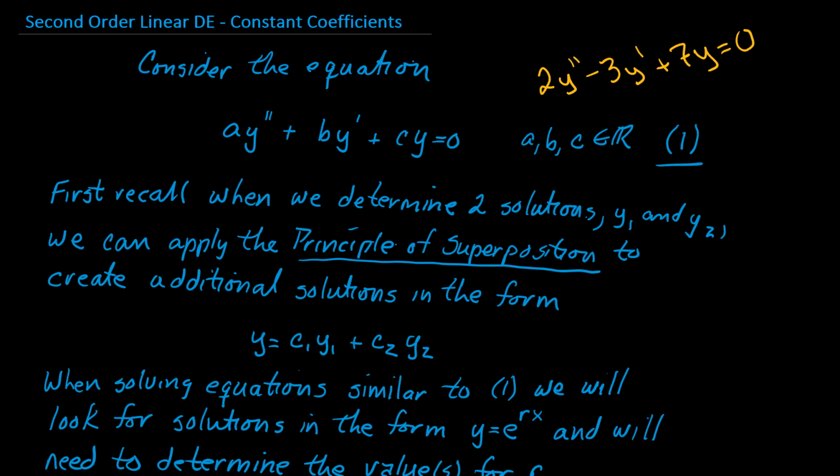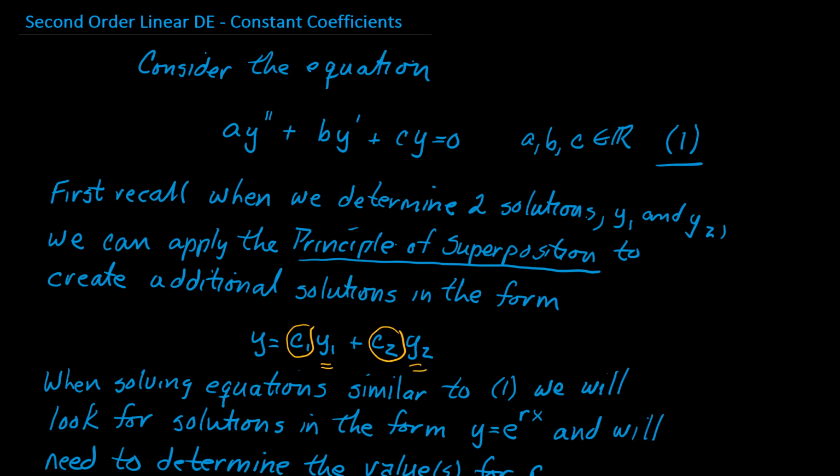First thing I want to remind you of is that we're going to have two solutions for this. We can apply the law of superposition, or the principle of superposition, that says that we can create additional solutions, and they'll all be in the form of some constant times the first solution plus or minus some constant times the second solution.